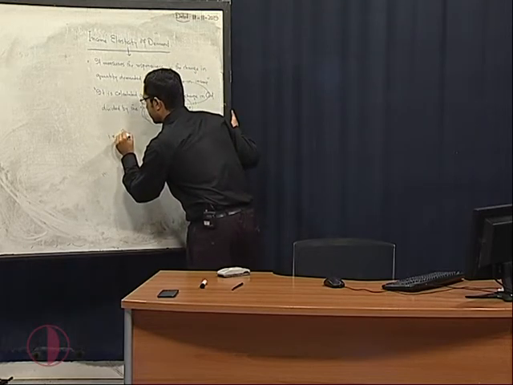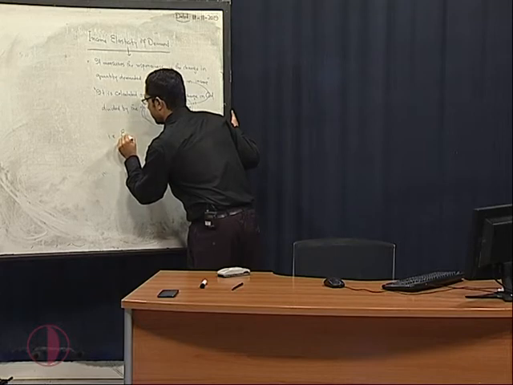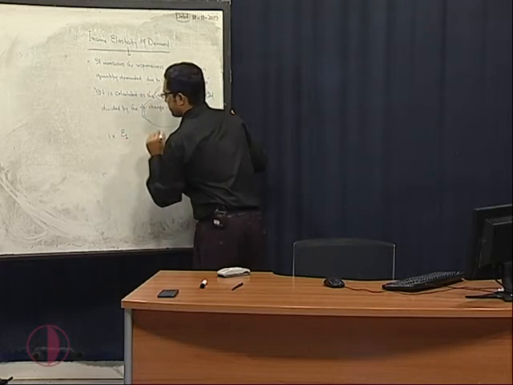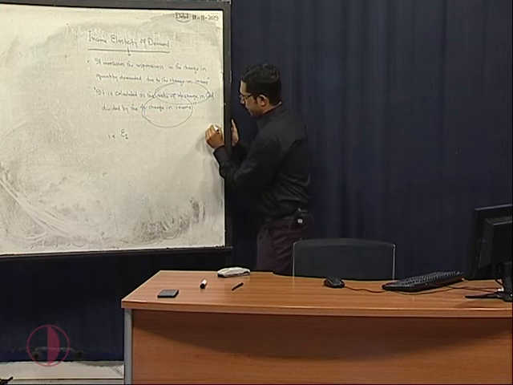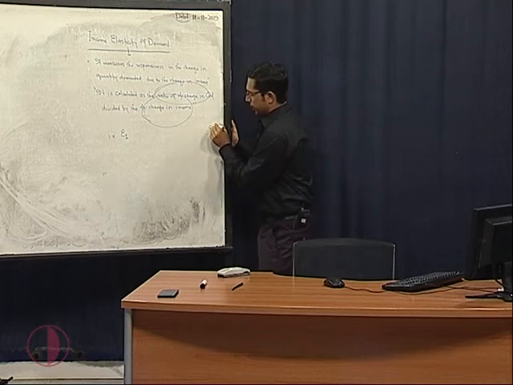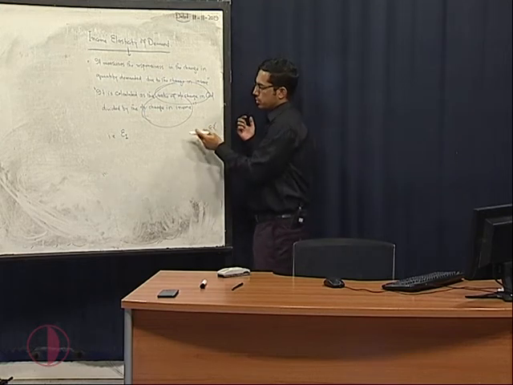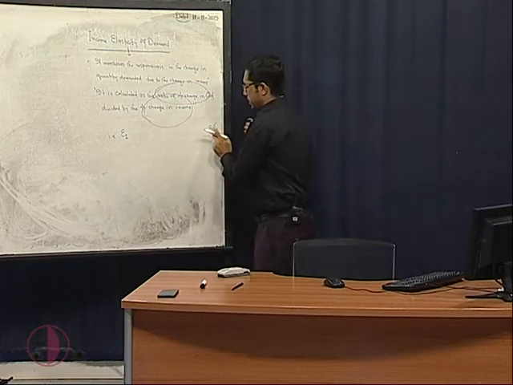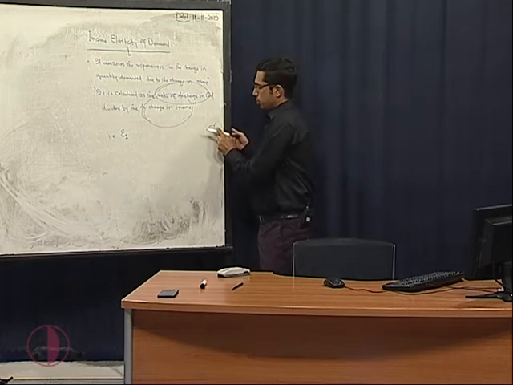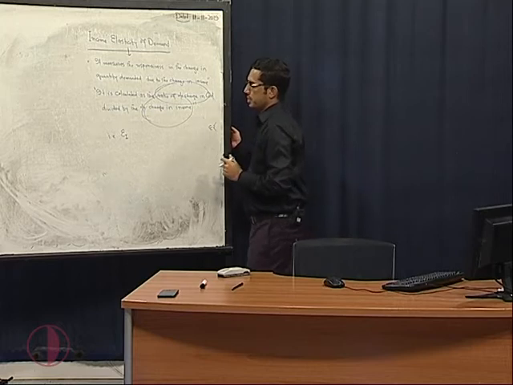Symbolically we can write it as EI, where I stands for income. Sometimes we use EY, where Y means income. So, you can use I or Y to denote the income elasticity of demand.